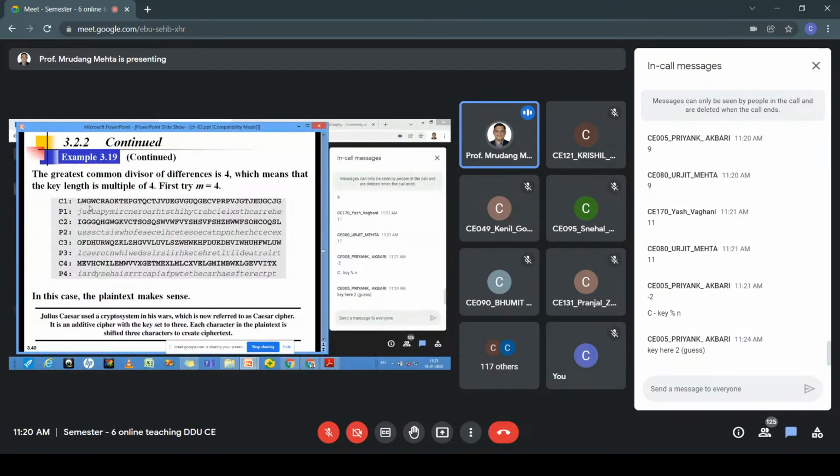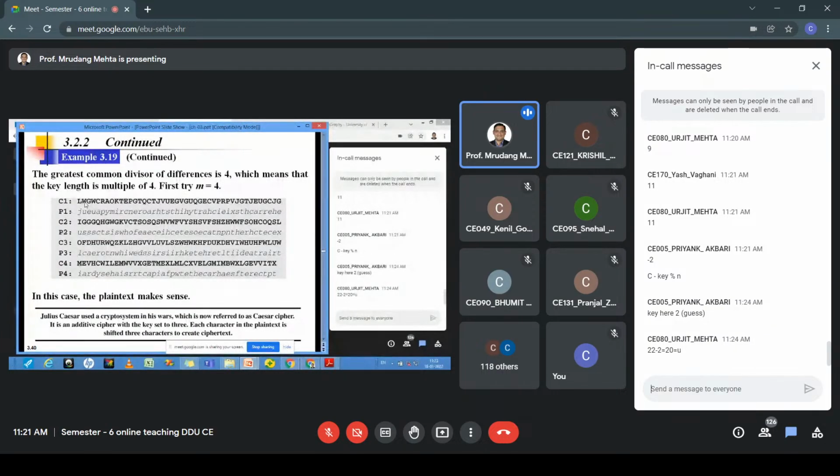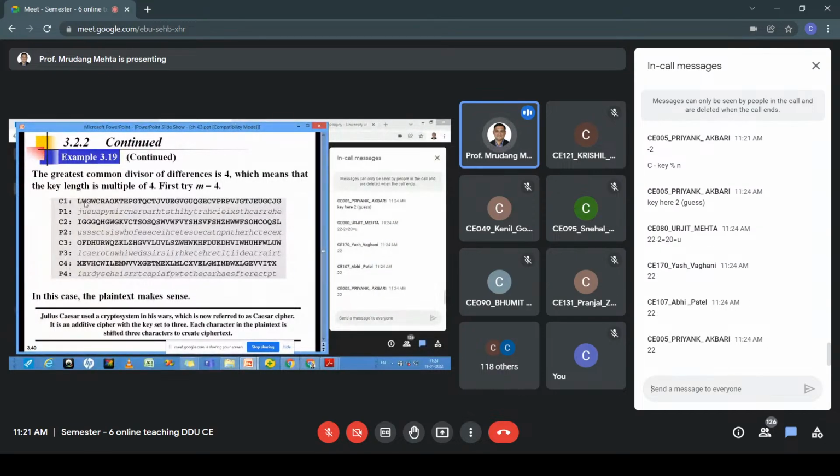So if we take 11 minus 2, then we get 9. Now, if we take 2, what will we get for W? What is the character value of W? 22 is the value, and if we take 2, we get U.